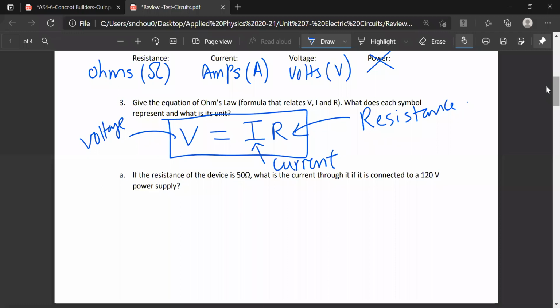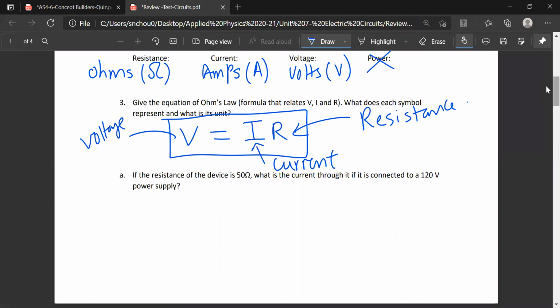If the resistance of a device is 50 ohms, what's the current through it if it is connected to a 120 volt power supply? I can't stress enough, when I say show the work, this is what you need to show me on the test. It helps me give you as many points as possible in case you make a mistake. If you just scribble 2 numbers divided and you get a wrong answer, I really can't give you much on that.